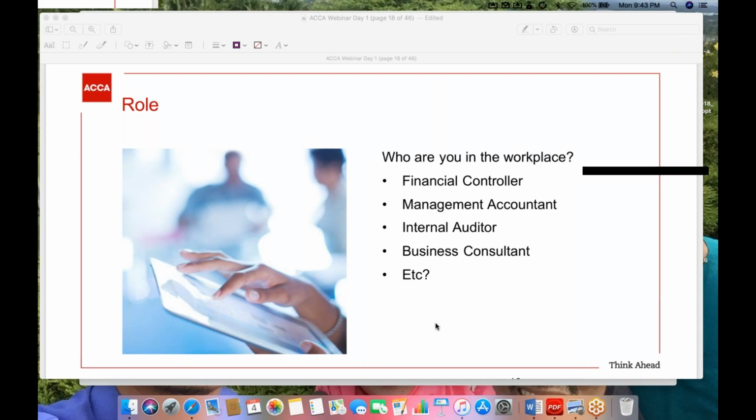At one time you become a financial controller, at another time a management accountant. So it's good for you to find out what they do, and not just what they do, but the kind of output they produce. Basically, it would help you understand your role when you are given the requirements.